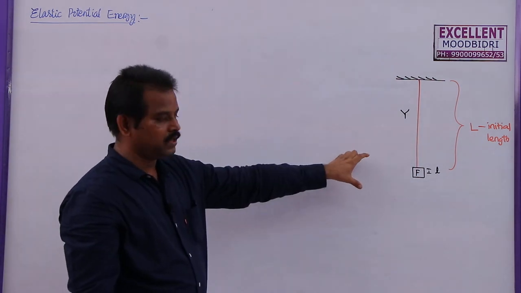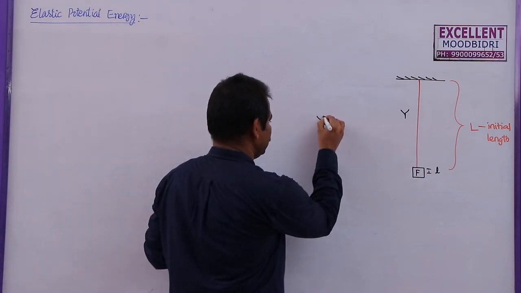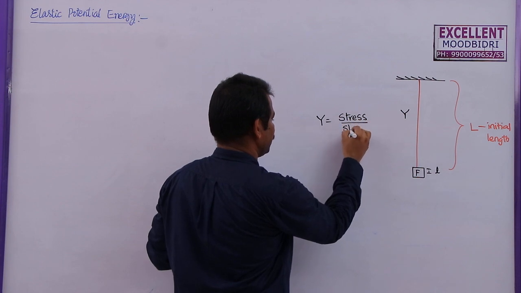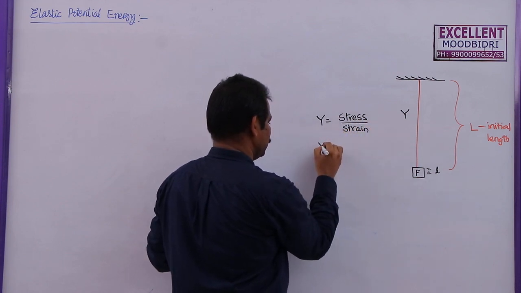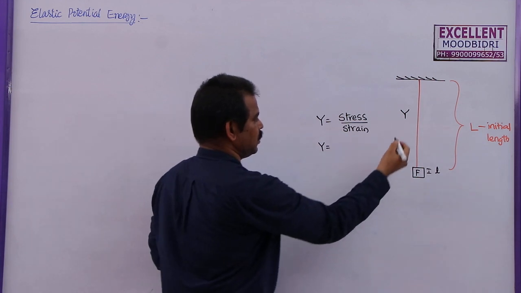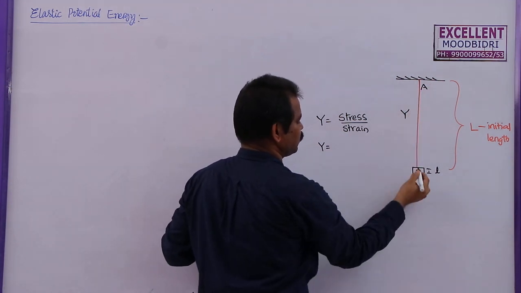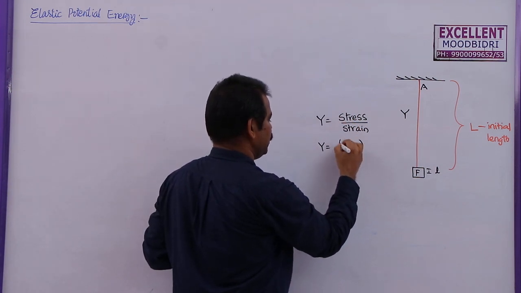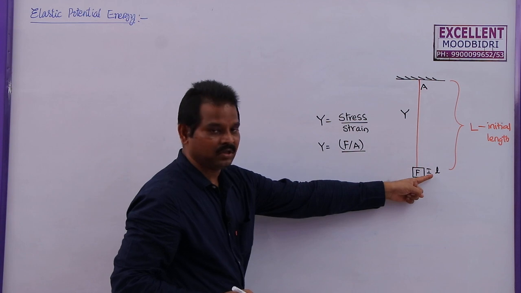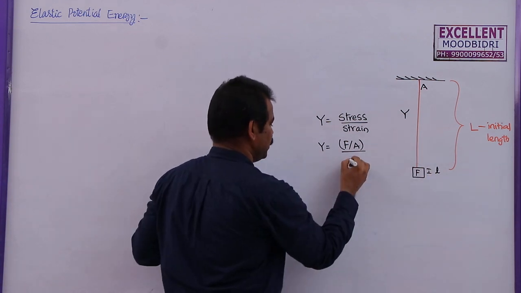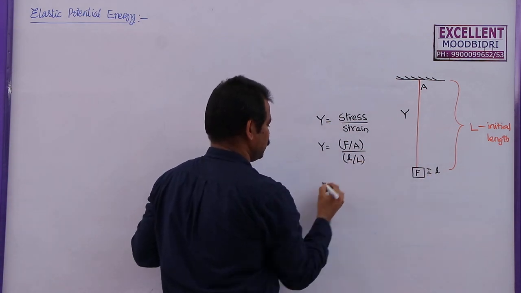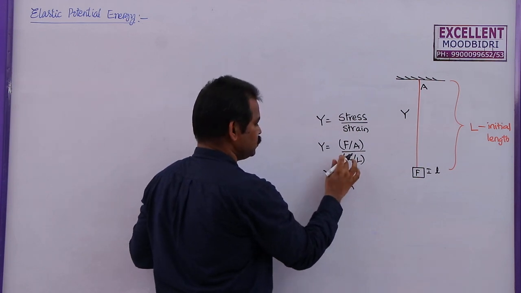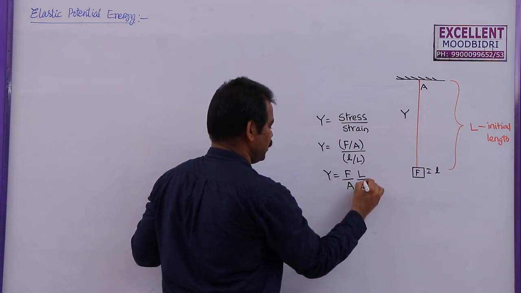Now, the Young's modulus of this wire is given by stress by strain. So Y is equal to, what is the stress here? Let us say the area of cross section of this wire is A. So stress is given by force by area, and the change in length is small l and the original length is capital L. So Y is equal to F by A times capital L by small l.